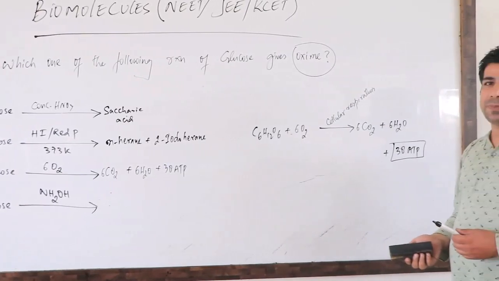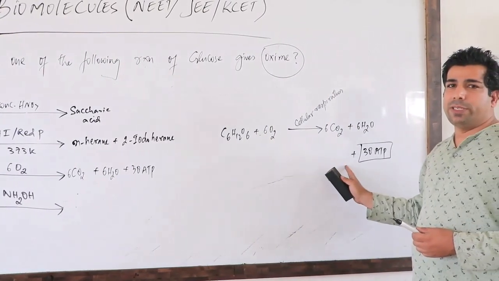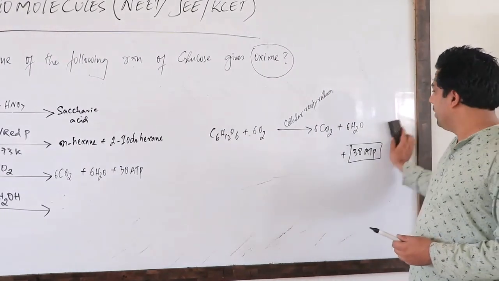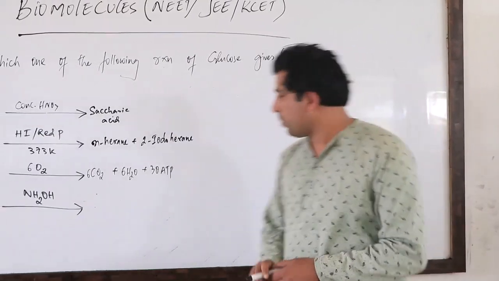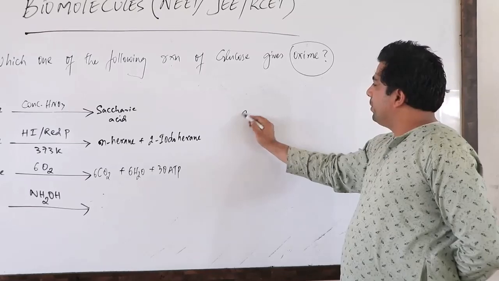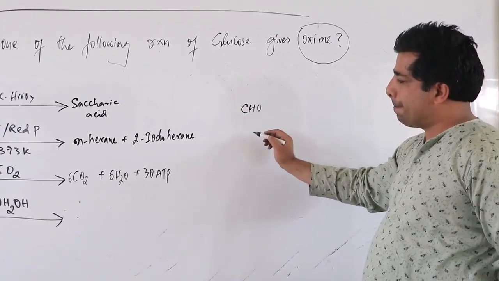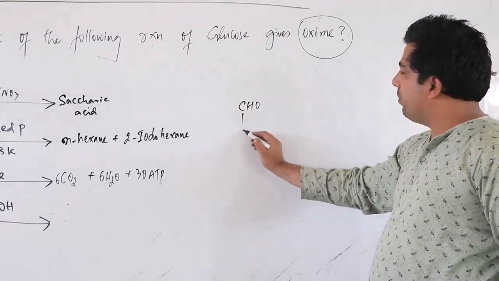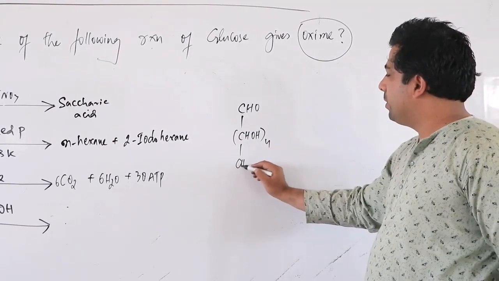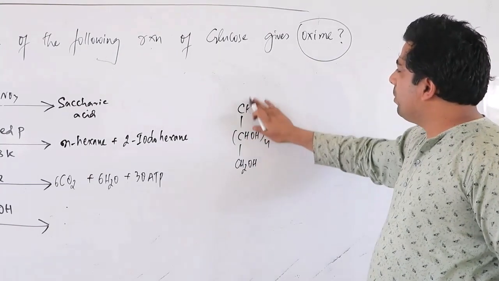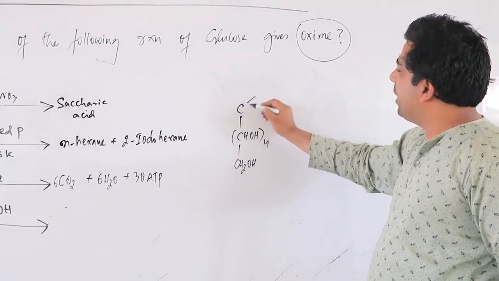The last one. Have you written this thing? Okay, cool. So let's talk about the last one. The glucose: CHO, then you have CHOH 4 times, CH2OH. Now this aldehyde group should be written like this.